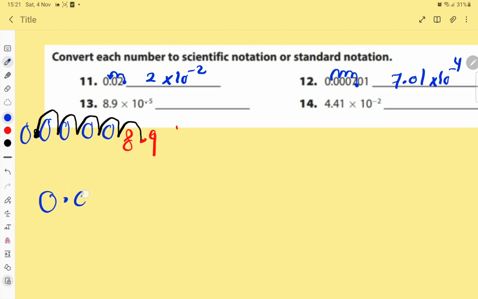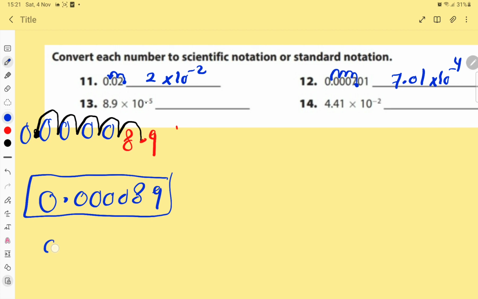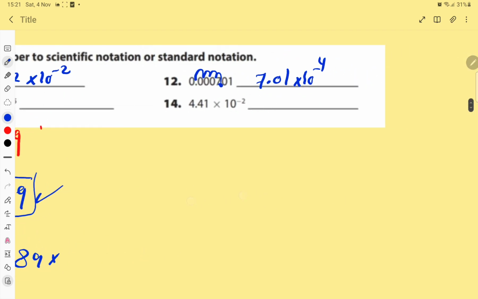So it becomes 0.000089. Take care, because the choices will be very similar. For example, 0.0089 is not correct, and 0.00000089 is of course not correct. So you should solve it on your own first and then pick the choice.